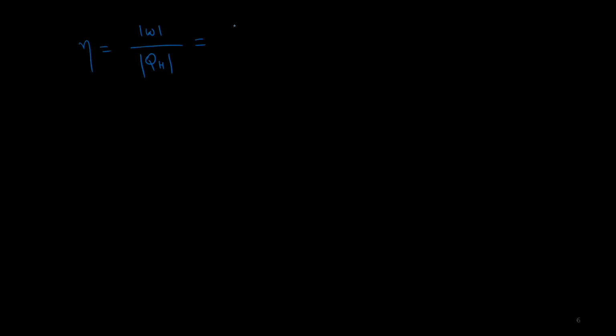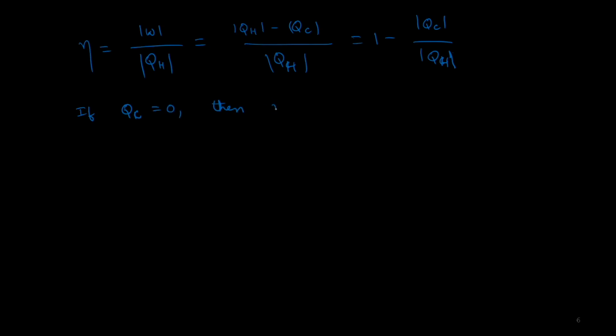And because by virtue of the first law W is QH minus QC, the efficiency is going to be equal to 1 minus QC over QH. Now notice what happens if QC equals 0, then efficiency will be equal to 100%.